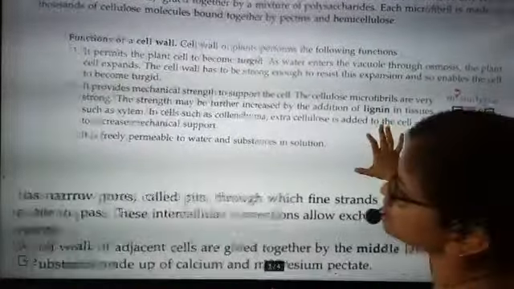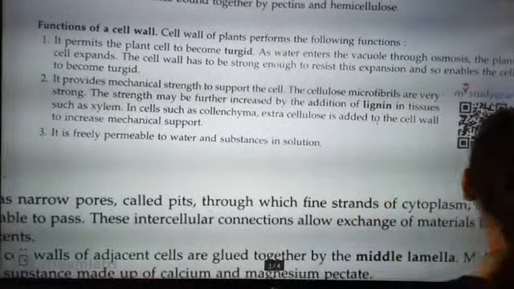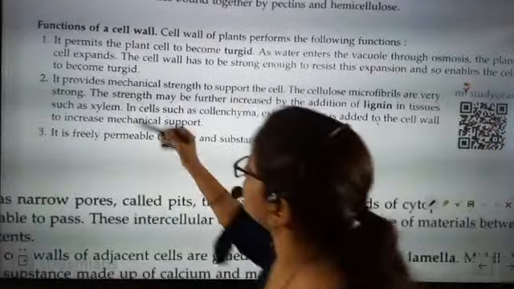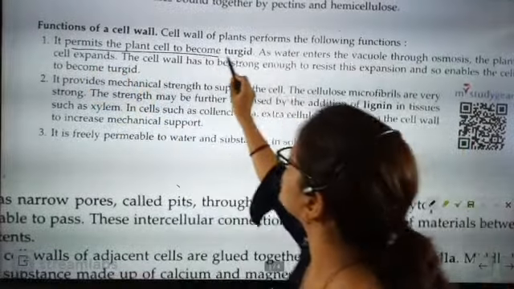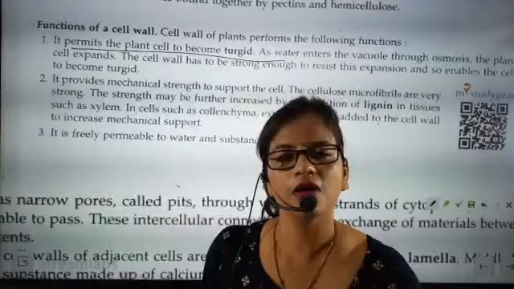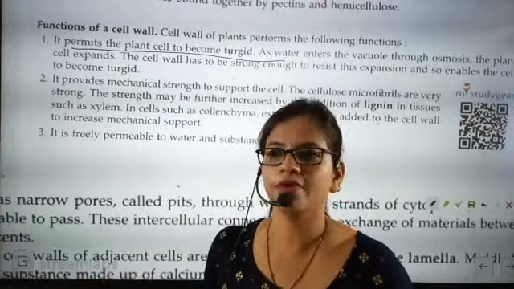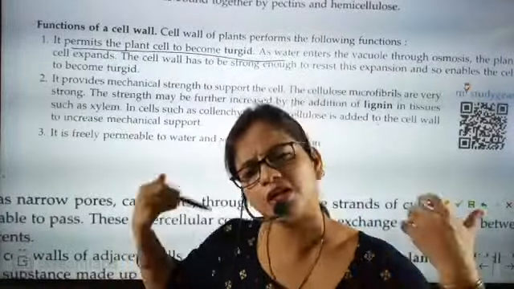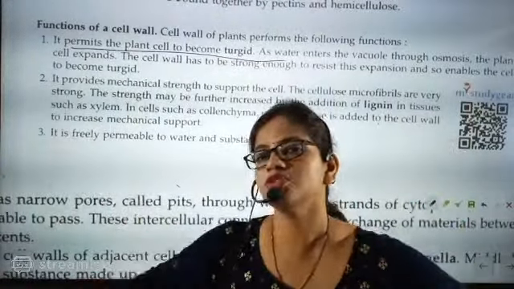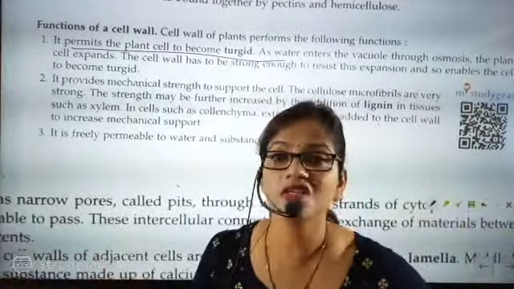Now let's see the functions of the cell wall. Only these three functions are more than enough for you, beta. First, it permits the plant cell to become turgid. Yes, because, beta, it is freely permeable, so it does not stop anything. It allows the cell to receive water. The most important thing is that it is not restricting everything.